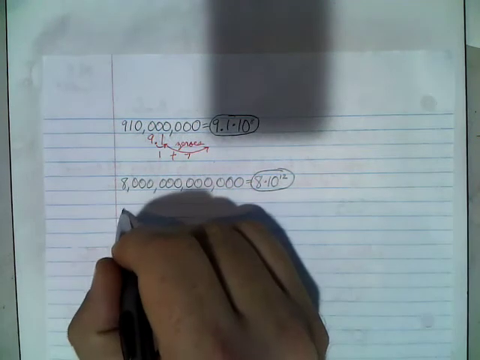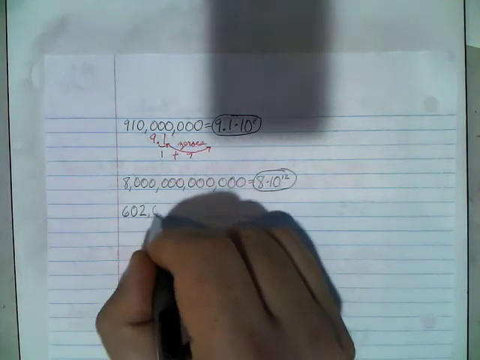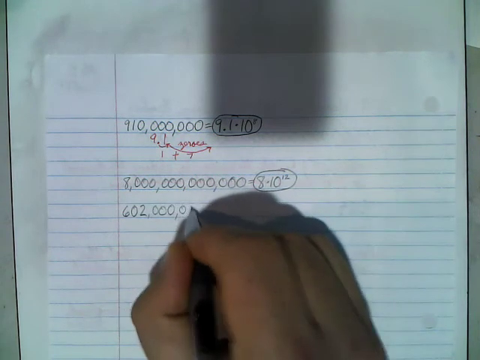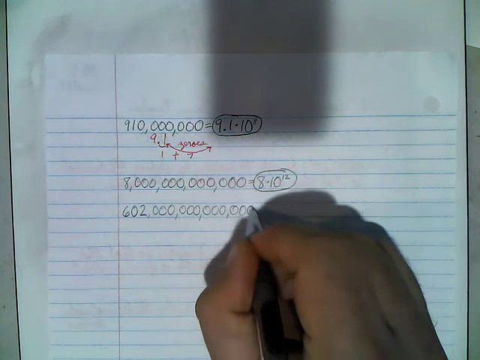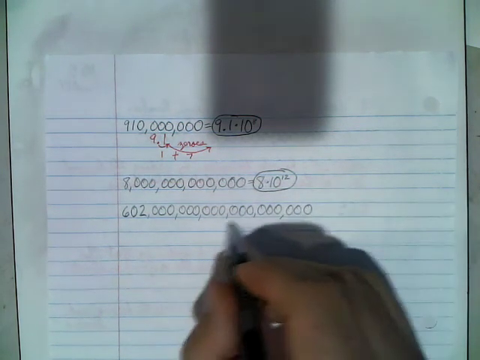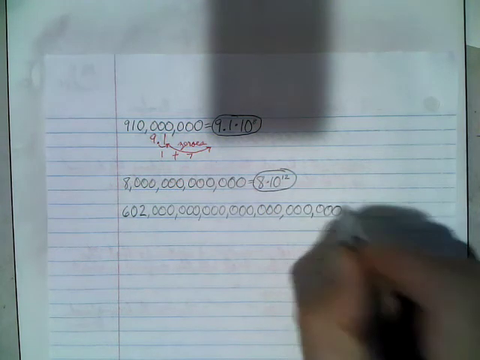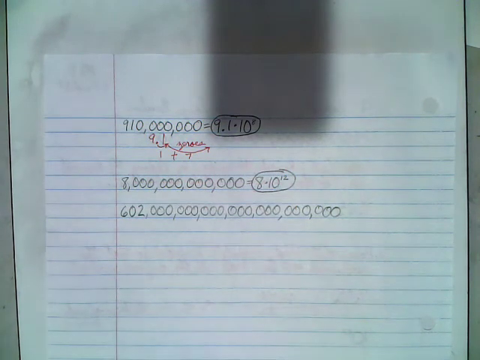Next example, 602,000,000,000,000,000,000,000. Now this number here actually is a special number, particularly gets used in science and chemistry.